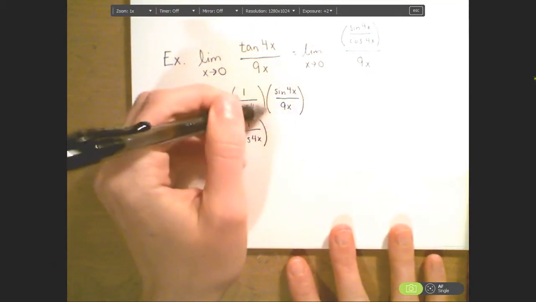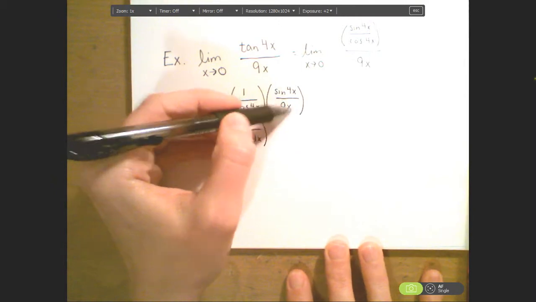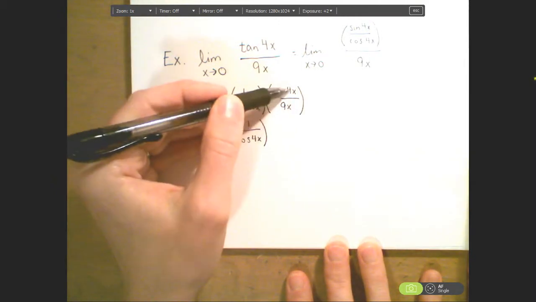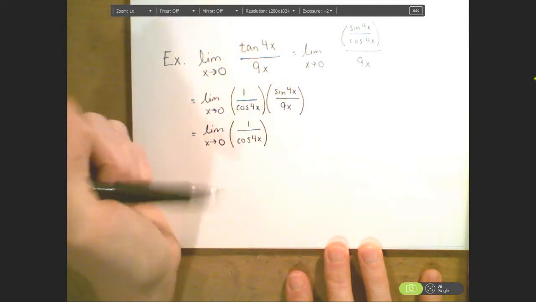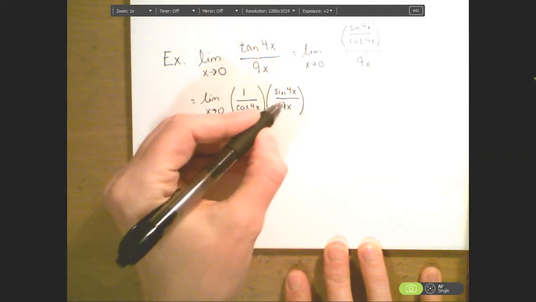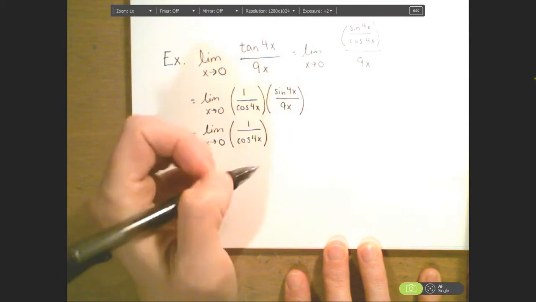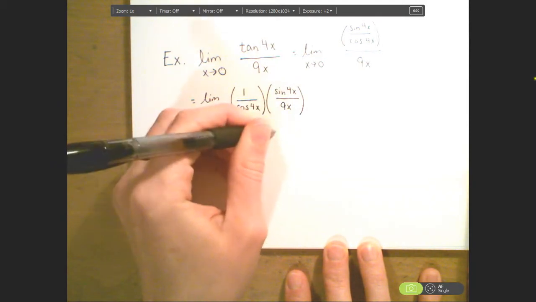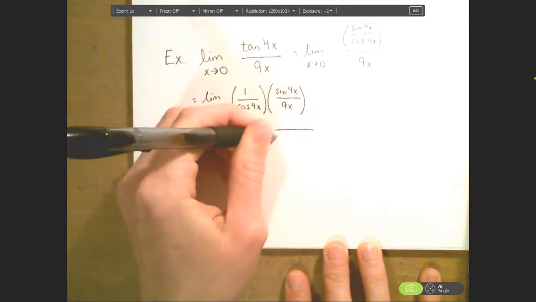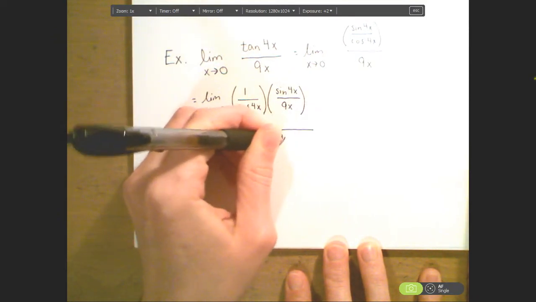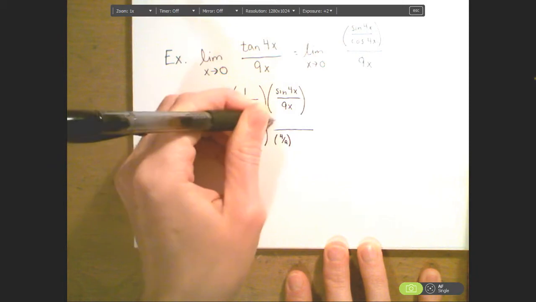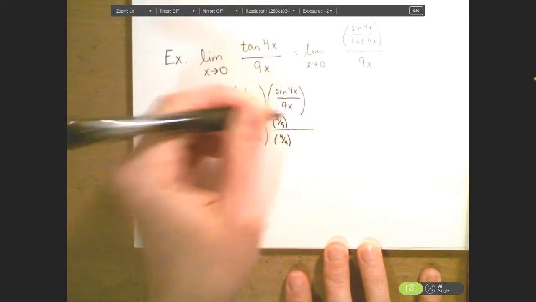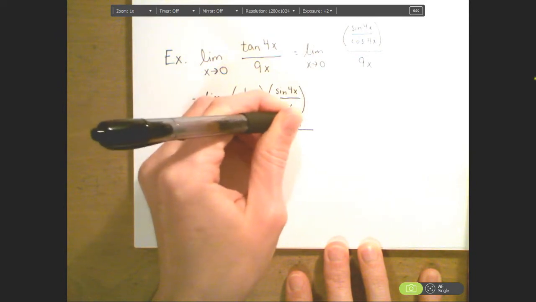And then this piece, we don't want to have 9x in the denominator, right? Because the 9x doesn't match the 4x. We can't do a change of variable technique. So I'm going to change this 9x into a 4x by multiplying it by 4/9. And if I multiply the denominator by 4/9, I also have to multiply the numerator by 4/9. This is another clever bit of trickery.